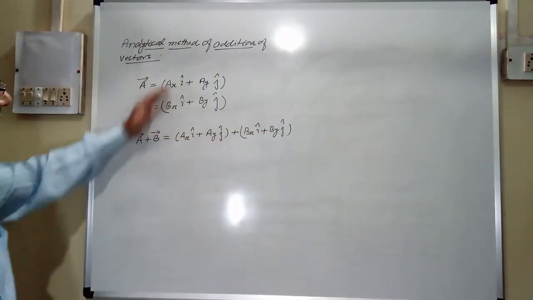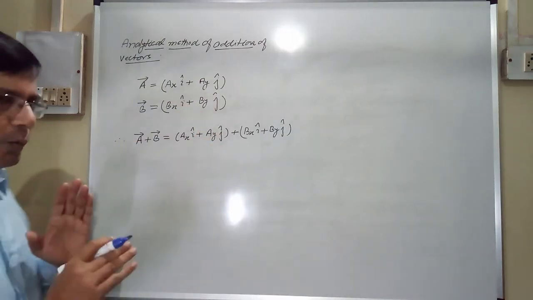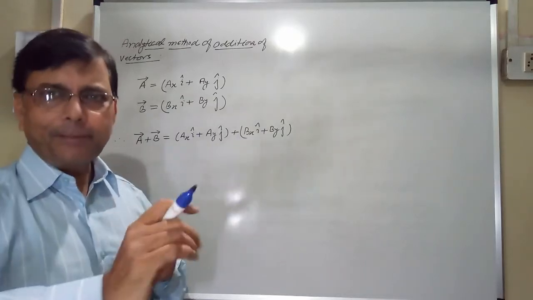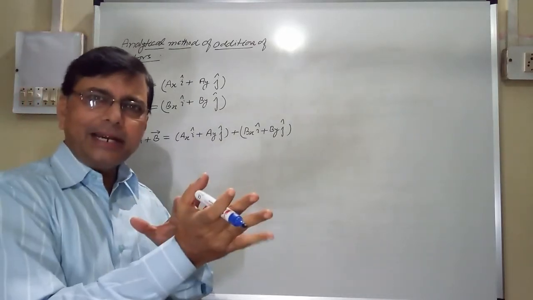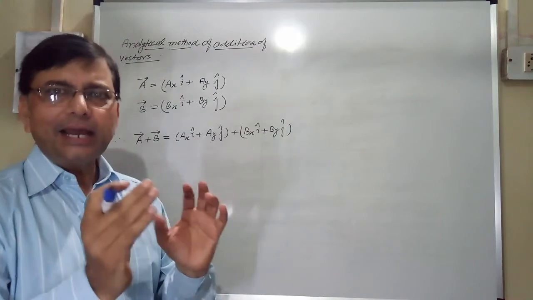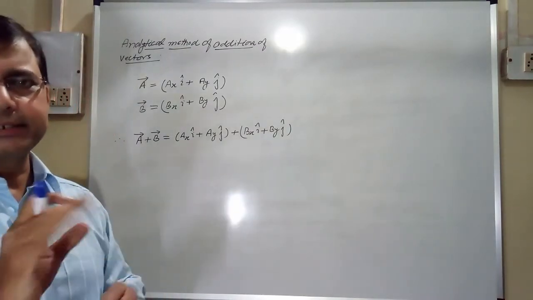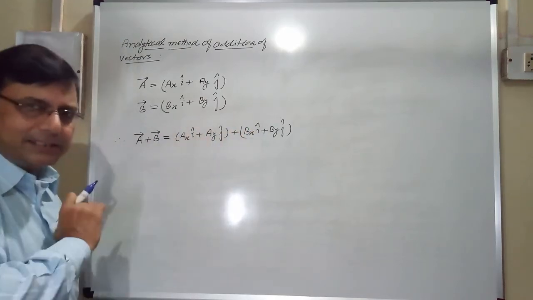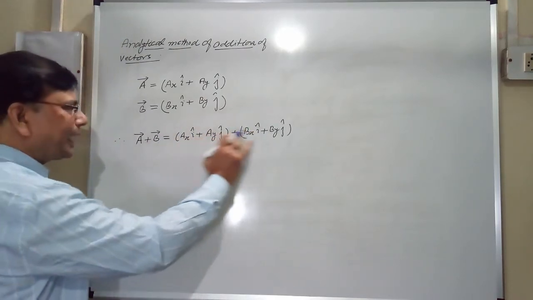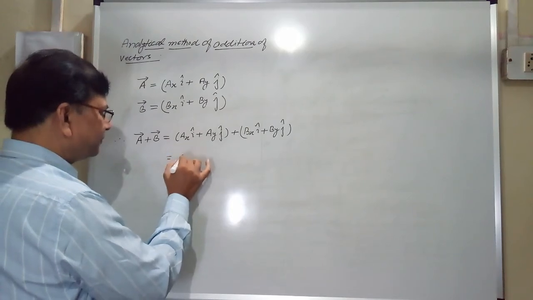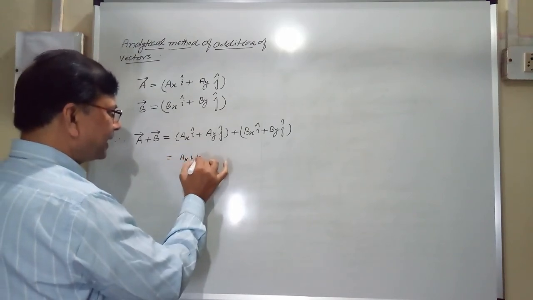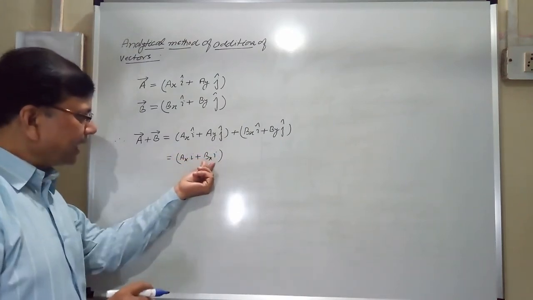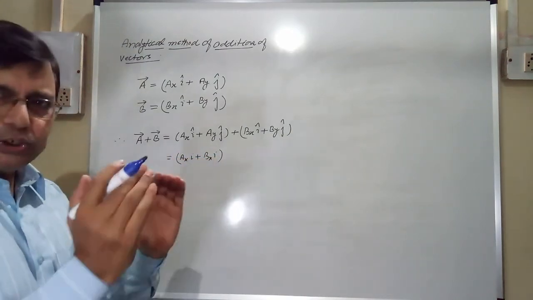Left hand side we have added, right hand side we have added. Just before this I told you, if the direction is the same, the magnitudes can be added, and the unit vector along that direction can be kept. Here i and i are along the x-axis, so these two can be taken together: ax i plus bx i. These two vectors have the same direction, so the magnitudes can be added.